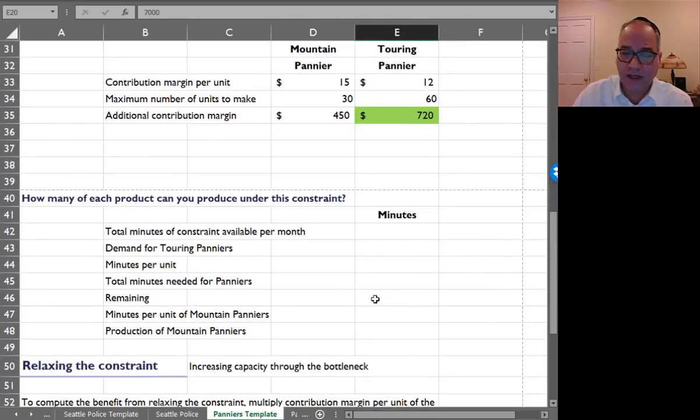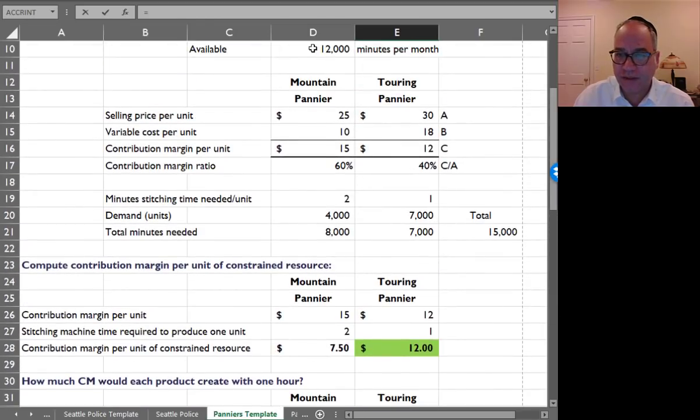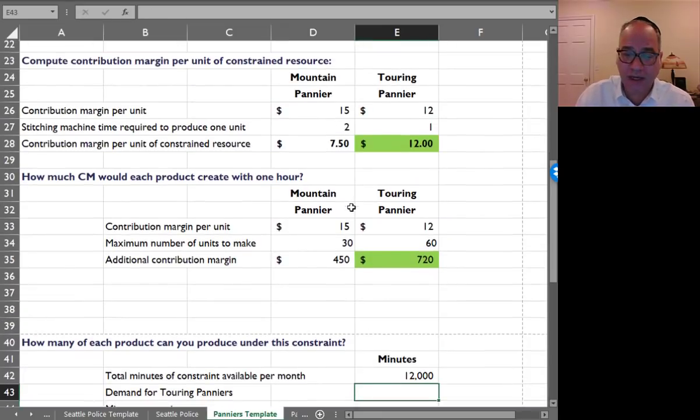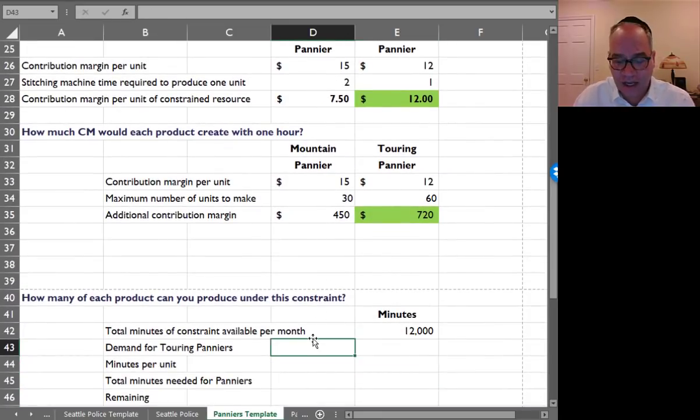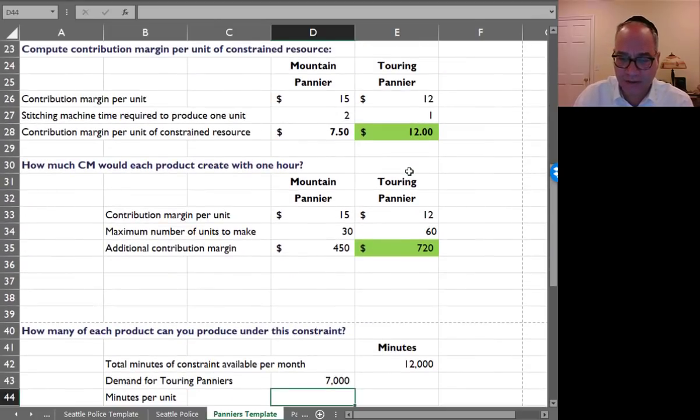So under this constraint, how much can you produce? The total minutes of constraint available per month, we said, is 12,000 minutes. So I'm going to start off making all the touring panniers I can. And there's demand for 7,000 touring panniers.